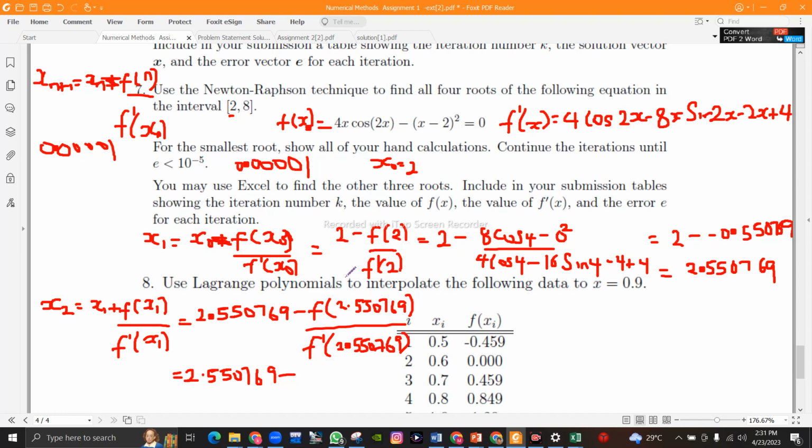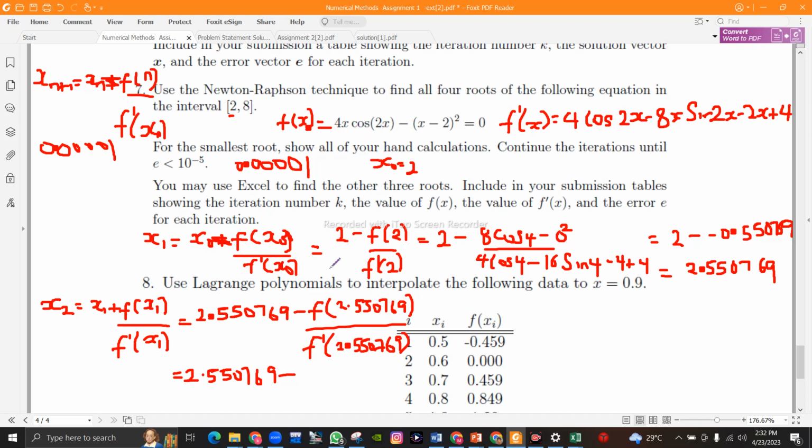Then, what's my x? 4 times x, that will be 4 brackets 4 times shift answer, cos 2 times shift answer, minus brackets shift answer minus 2 brackets all squared, and I close the brackets, divided by brackets the f.